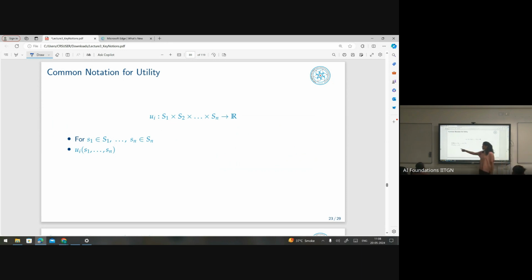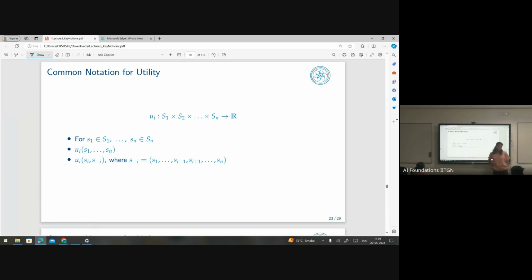This is one particular strategy profile that I could select out of the entire set, and that represents the utility that agent i derives. Now this is a new way of representing my utility. The same utility can be represented like this, where s_i is my strategy and s_-i represents everybody else's strategy except mine.